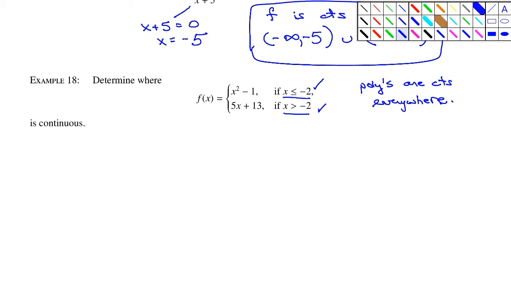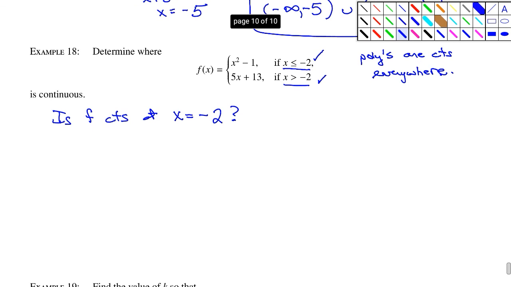The only real question is, is f continuous at x equals -2? And that's what we're going to have to decide. So we're going to use the criteria to do that. So the first thing is we need to know what f of -2 is.